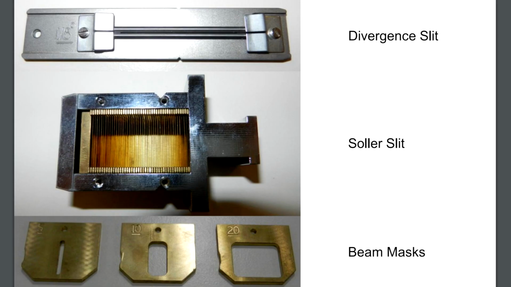For example, the old slit apertures usually have their openings printed on the aperture. Like in this case, at the top, that's a divergence or anti-scatter slit of 1/8 degree opening. Or at the bottom, we see 3 different beam masks with the opening printed on the element.